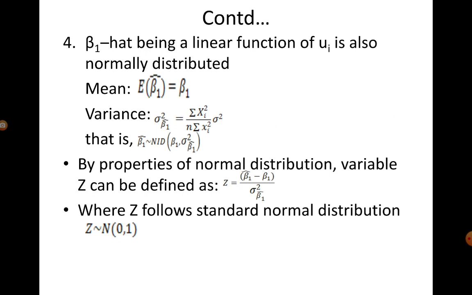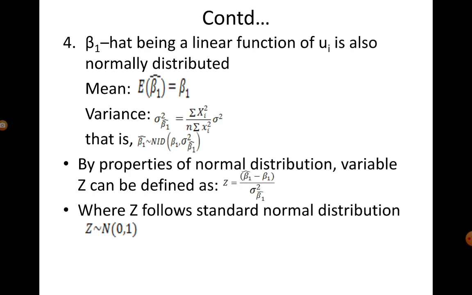Now, remember I told you earlier, since beta 1 hat is a function of ui, the normality property of ui will also come on to beta 1 hat. So beta 1 hat is also normally distributed. Its mean we know is the mean of beta 1 hat is equal to the population beta 1. Its variance also we have seen in the earlier classes.